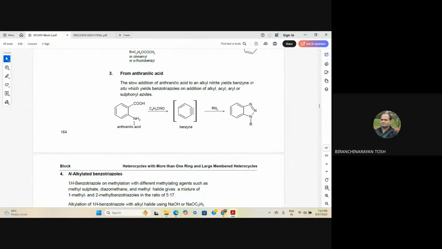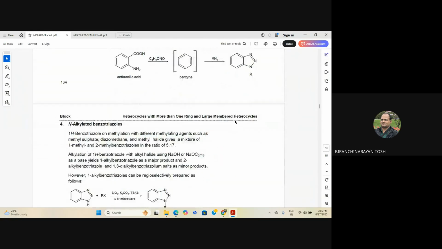Then from anthranilic acid, alkyl nitrite yields benzyne in situ, which reacts with azide in situ, so substituted benzotriazole will be formed.